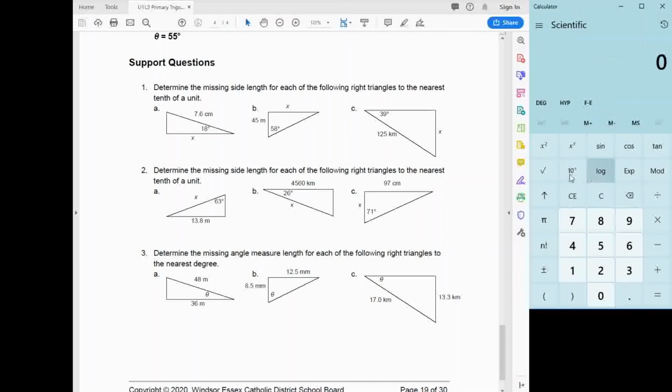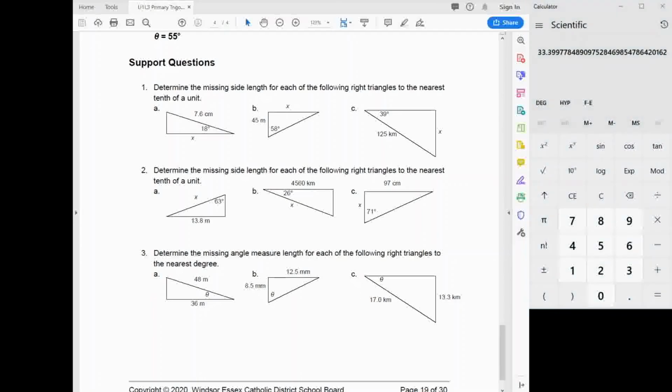So there, I'm going to be using tangent again, because it's opposite over adjacent. But now my opposite's in the numerator, and my x, which is the adjacent, is in the denominator. So I'm going to do 97 divided by tan of 71. So my solution, my x for 2C, is 33.4 centimeters.